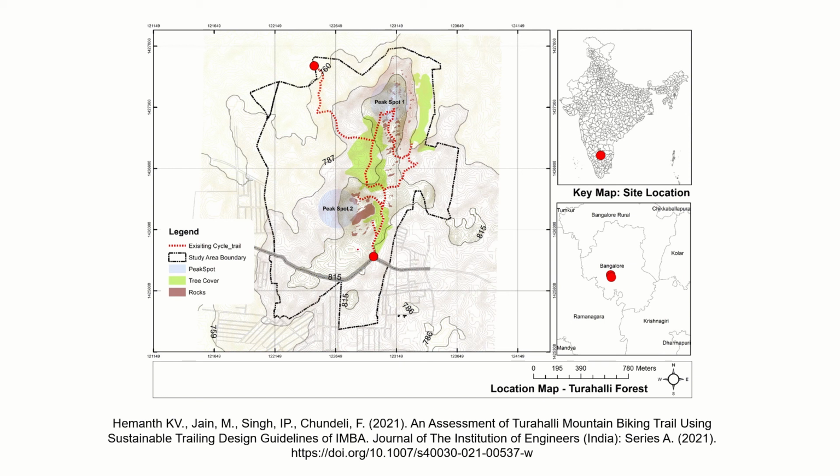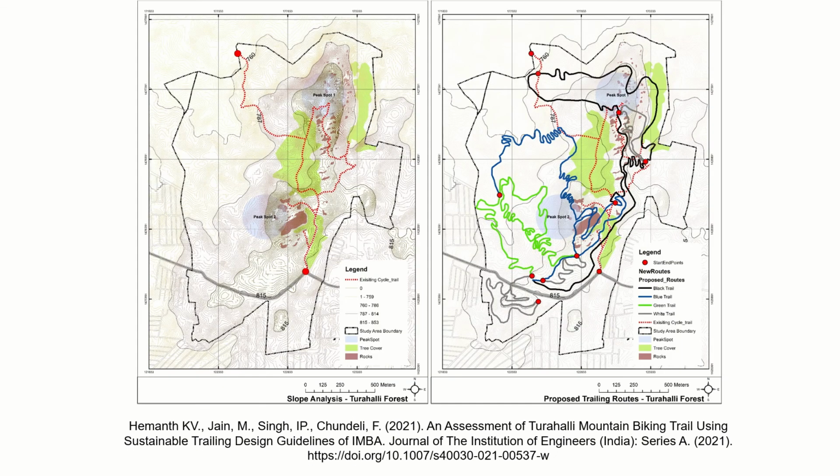In fact, this is one of the studies done in hilly regions, and quite often you will find papers on how we come out with biking trails for the layout. This is one of the studies done by students, and we converted that into a research paper later on.